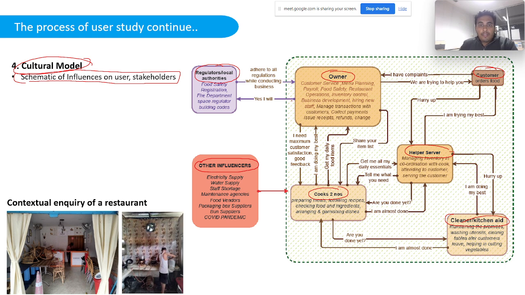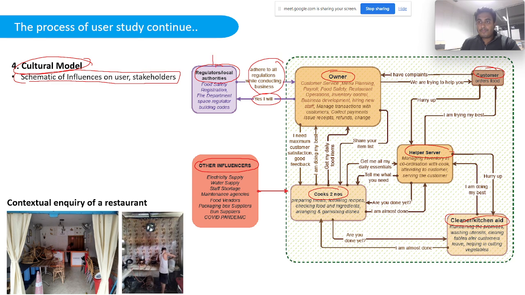Now here you will see how they influence each other. They say, adhere to all regulations while conducting business, so they influence the owner to comply with regulations. Then the owner says, okay, yes, I will. That means the regulators have greater power.